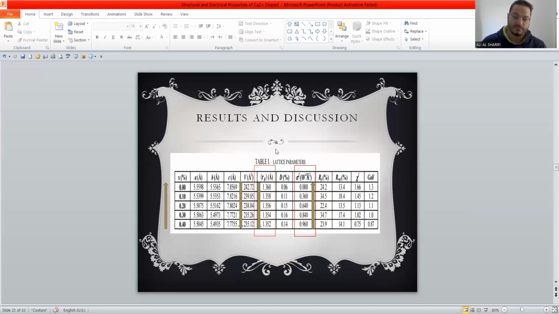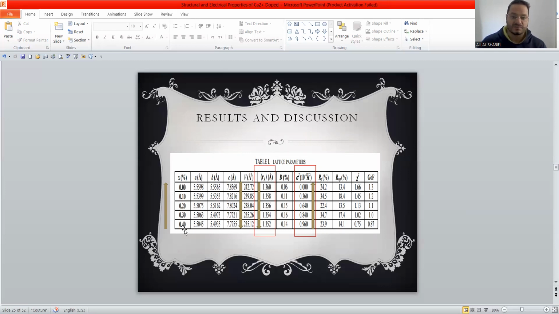This is the first column, table 1. Here, like I said before, we have 5. We will start from 0% doping of calcium 2+, that means at 0 we don't have any doping element.